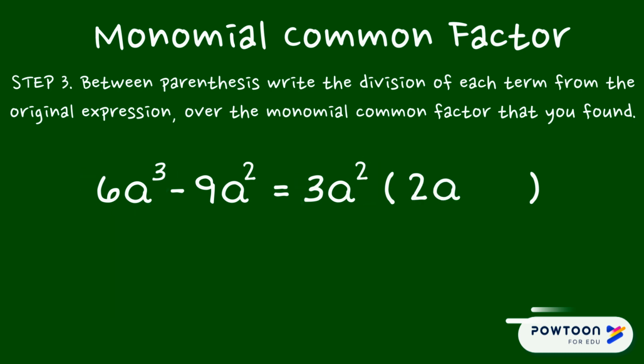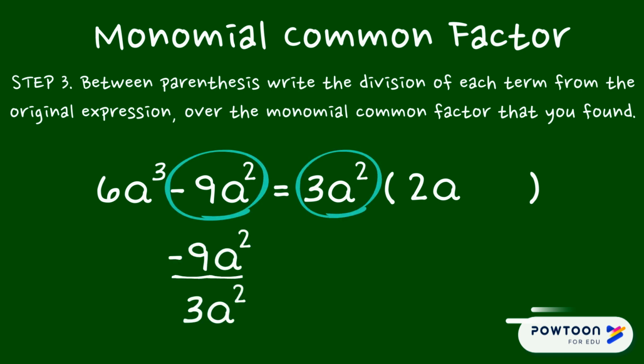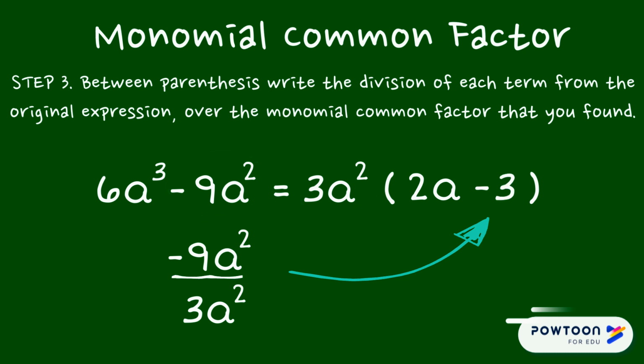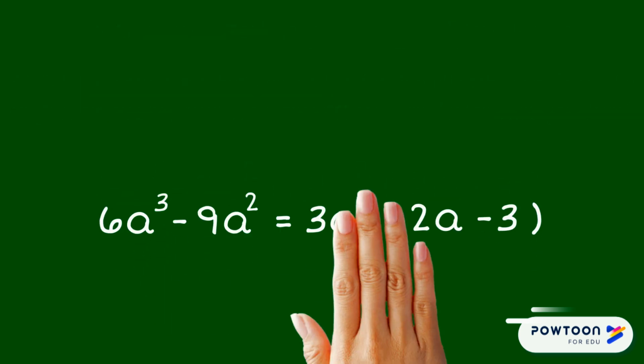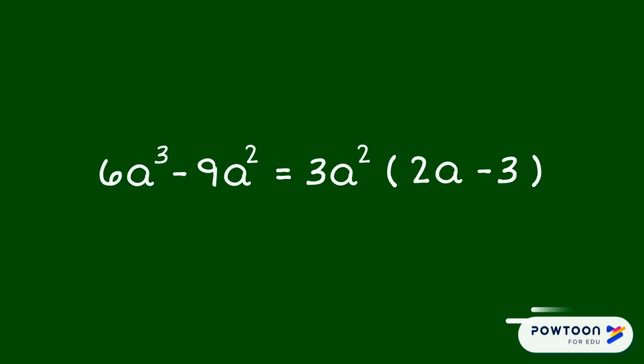Then, we should divide minus 9a squared over 3a squared, and your answer would be minus 3. These divisions can be done mentally, but I want you to see clearly what's going on during the full process. This is my final answer.